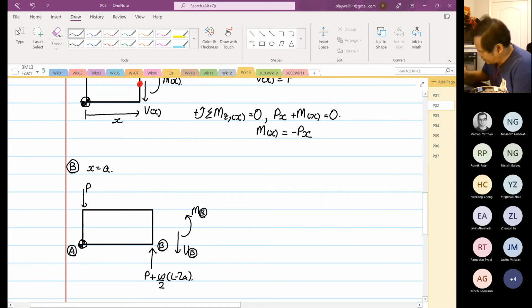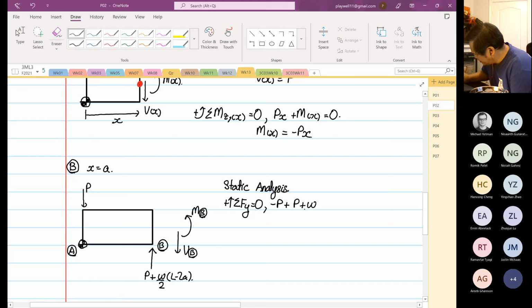Okay. So now we carry out a static analysis again. Static analysis. Okay. Positive is going up, summation of forces in the y direction is 0. So you have minus P plus P plus omega over 2 (L minus 2A), right?